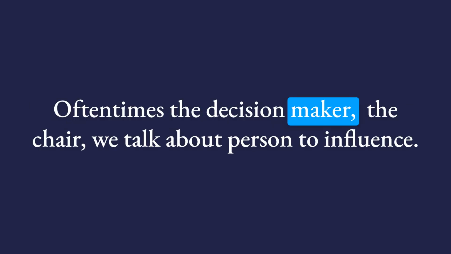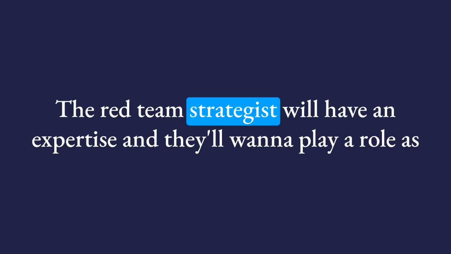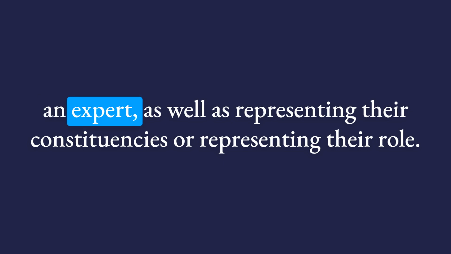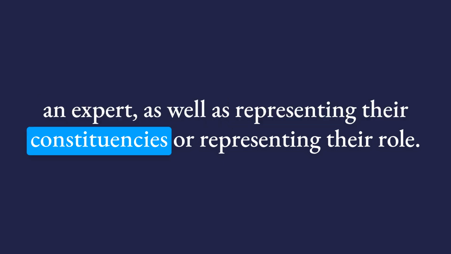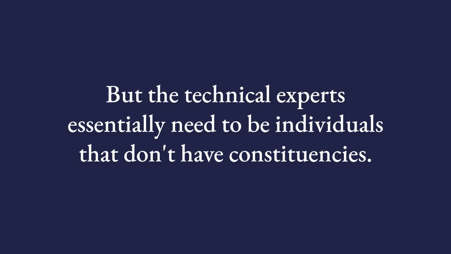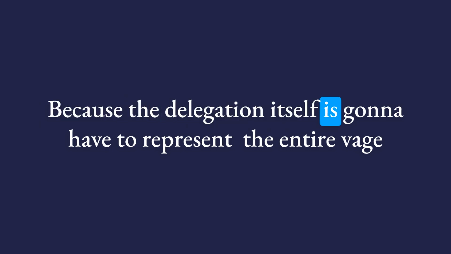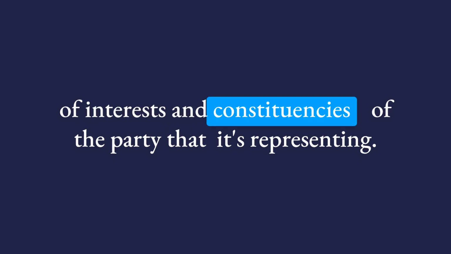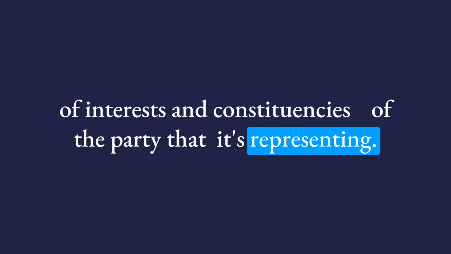Oftentimes, the decision maker, the chair, what we talk about as the person of influence, the red team strategist, will have an expertise, and they'll want to play a role as an expert as well as representing their constituencies or their role. But the technical experts essentially need to be individuals that don't have constituencies, because the delegation itself is going to have to represent the entire collage of interests and constituencies of the party that it's representing.